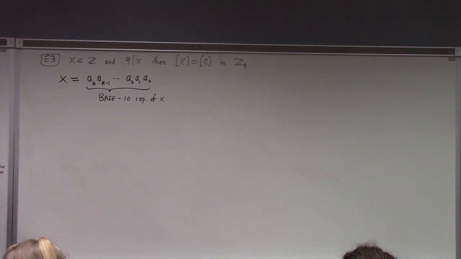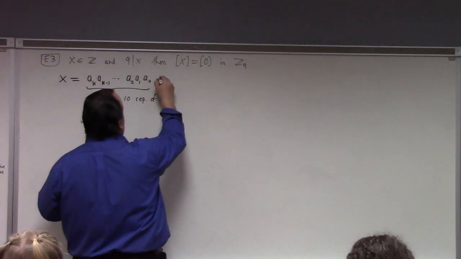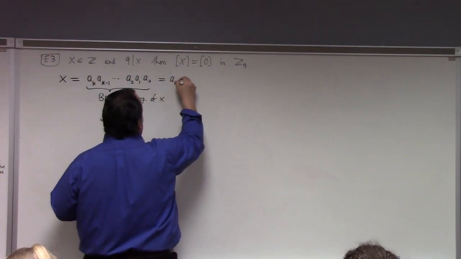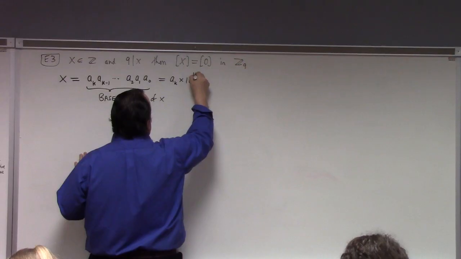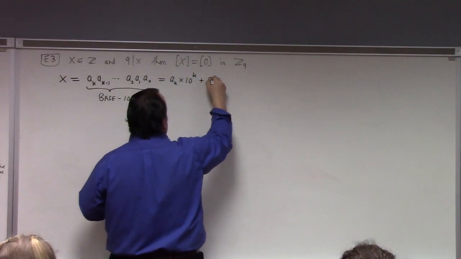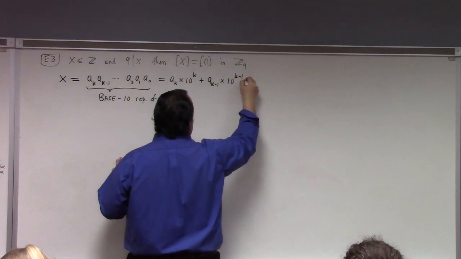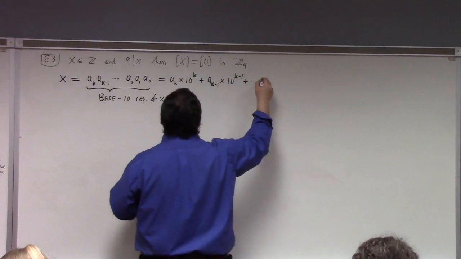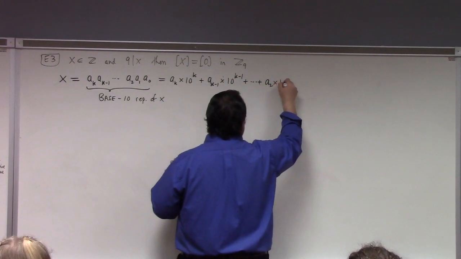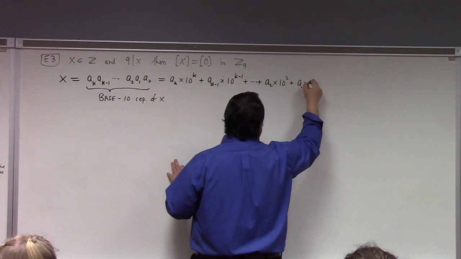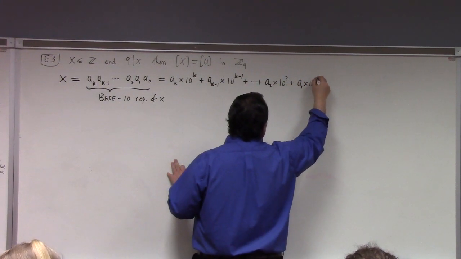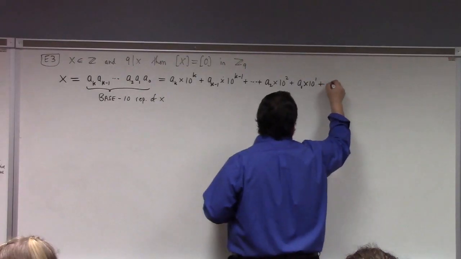By definition, this notation means a sub k times 10 to the power k plus a sub k minus 1 times 10 to the power k minus 1 plus dot dot dot plus a sub 2 times 10 squared plus a sub 1 times 10 to the 1, plus a sub 0.